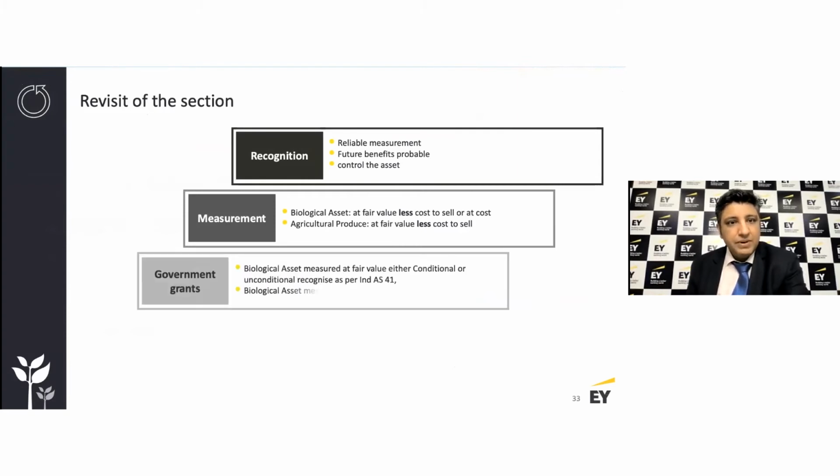So what you want to remember across is biological asset or agricultural produce at fair value less cost to sell. In a very specific scenario, biological assets may be measured at cost when the fair value is not identifiable. The government grants, you would look at whether the grant is conditional or unconditional. It depends on that.